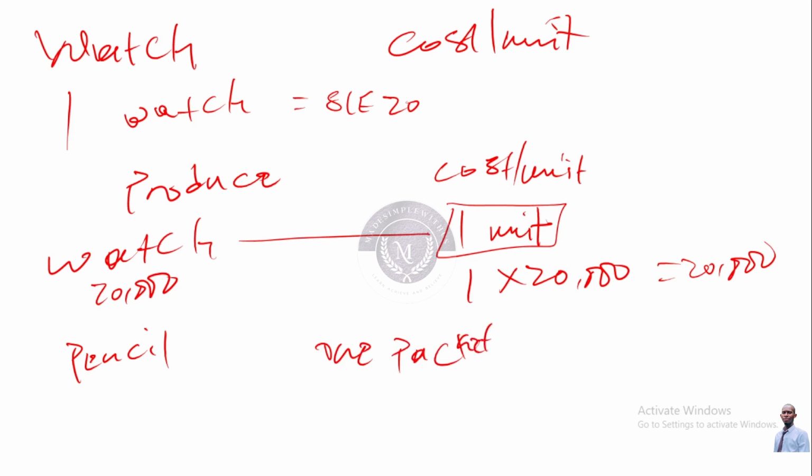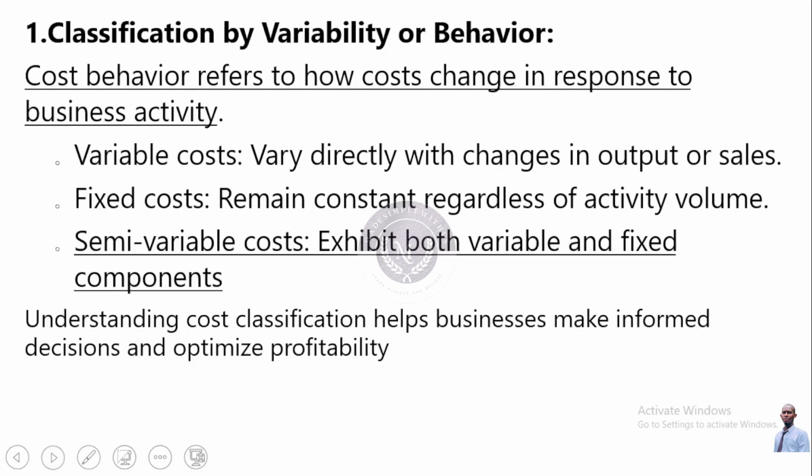We are dealing with a packet of pencils, so one packet is the cost per unit. Are we good? It differs from the watch, because watches are not packeted. Each watch is segregated, so one watch means one cost per unit times the total. Are we good?